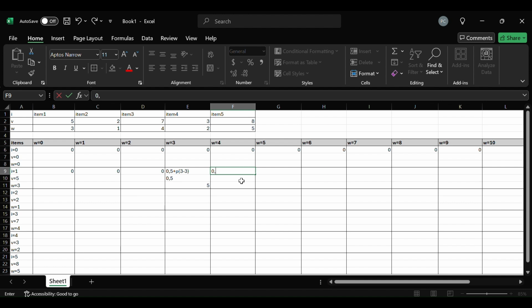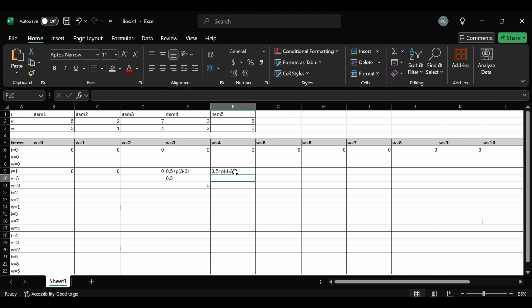Or if I do pick up this item number 1, my value will be 5 plus the profit of the remainder. So this weight limit 4 minus the weight of my item 3. So if we solve for this, it will become 5 plus P of 1.